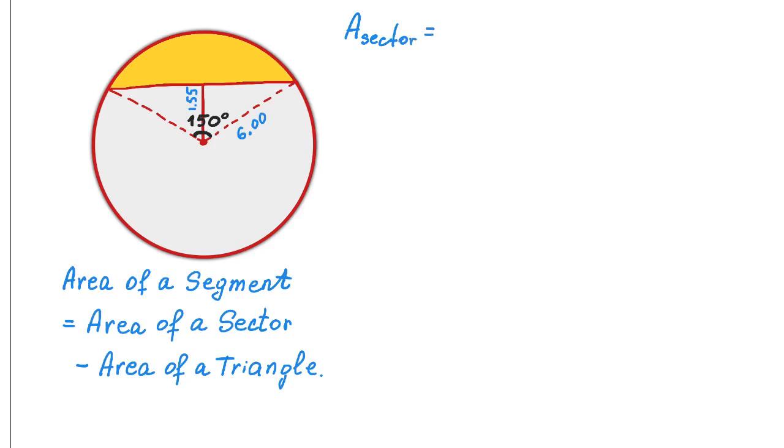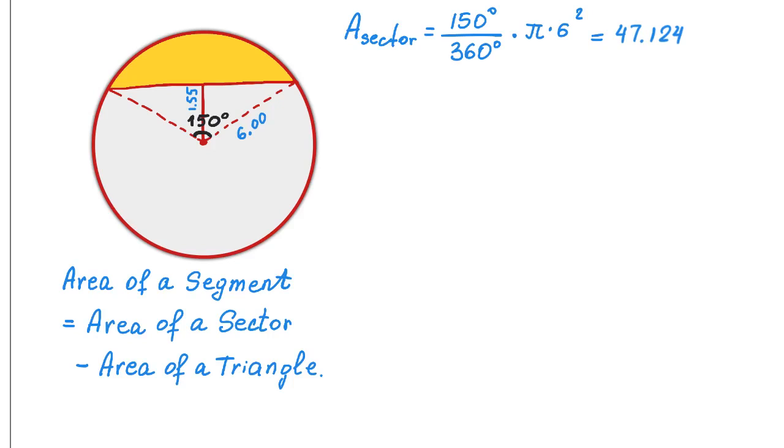equals, the angle is 150 degrees over 360 degrees multiplied by pi, radius squared, and radius is 6. So 6 squared. All this equals 47.124.